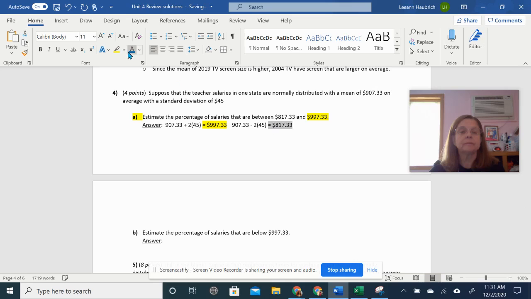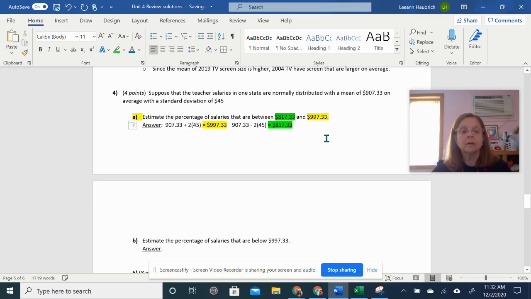This number matches this number. So we are 2 standard deviations below the mean, 2 standard deviations above the mean.